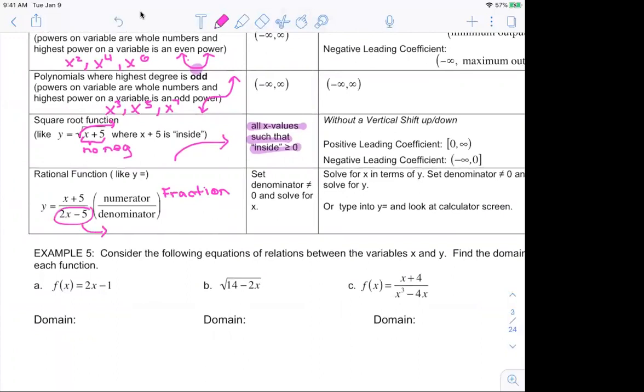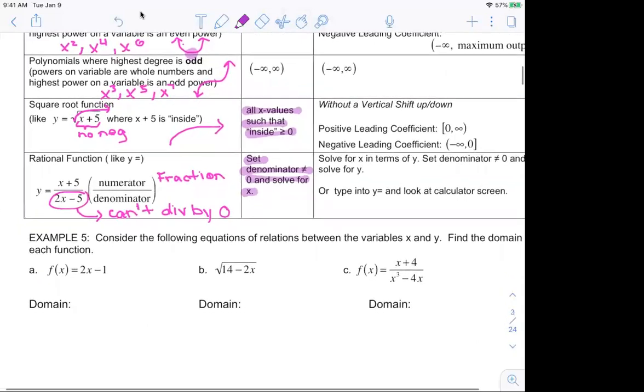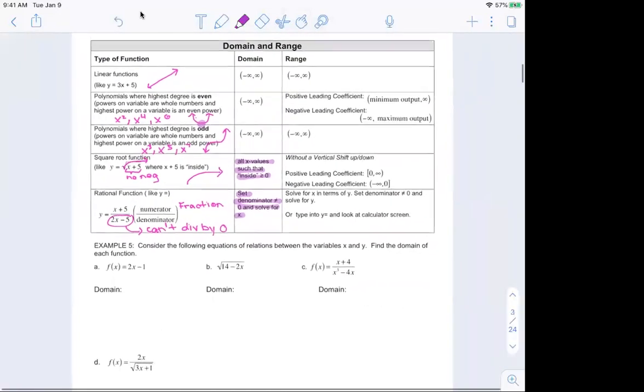The reason for this rule is you cannot have 0 in the denominator because, you know, when you have slope, a number over 0, and if you type it in your calculator, 5 divided by 0, it'll give you an error. It says can't divide by 0. It's undefined. So you would have to set the denominator equal to 0, not equal to 0, and solve for x. And we'd have to look at the problem to see what the range is, okay?